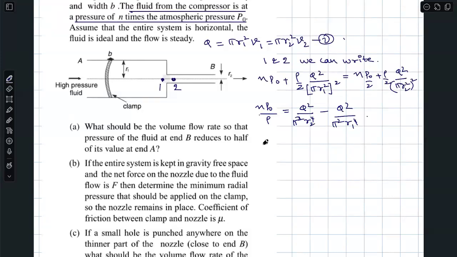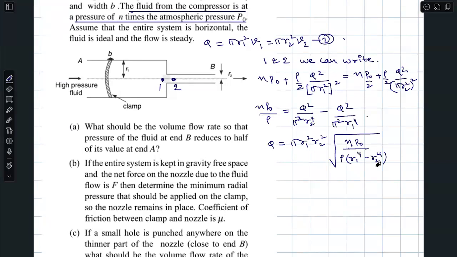So you will get Q as pi R1 square R2 square under root P naught by rho times R1 power 4 minus R2 power 4.